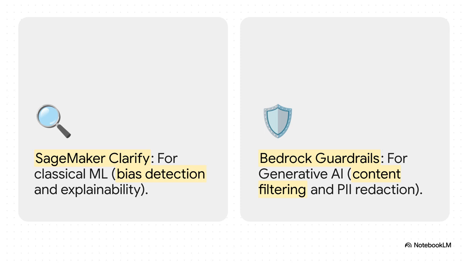You use it for bias detection and model explainability. Bedrock Guardrails, however, is built for generative AI. You use it for content filtering, restricting denied topics, and redacting PII for model responses. Like our sources explicitly point out, these are really easy points to win on the exam, but they are incredibly easy points to lose if you skip studying them. So don't mix them up on test day.